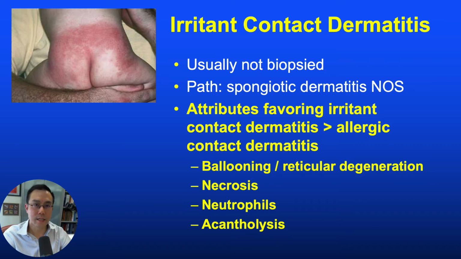Histopathologic attributes said to favor irritant contact dermatitis over allergic contact include the swelling and bursting of the epidermal keratinocytes, ballooning, and reticular degeneration, usually accompanied by necrosis and neutrophils, and sometimes acantholysis, which is a discohesion of the keratinocytes associated with loss of desmosomes.